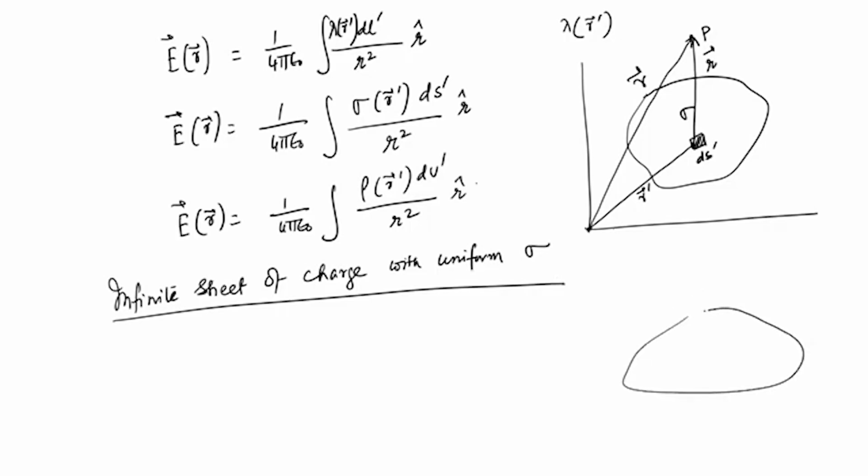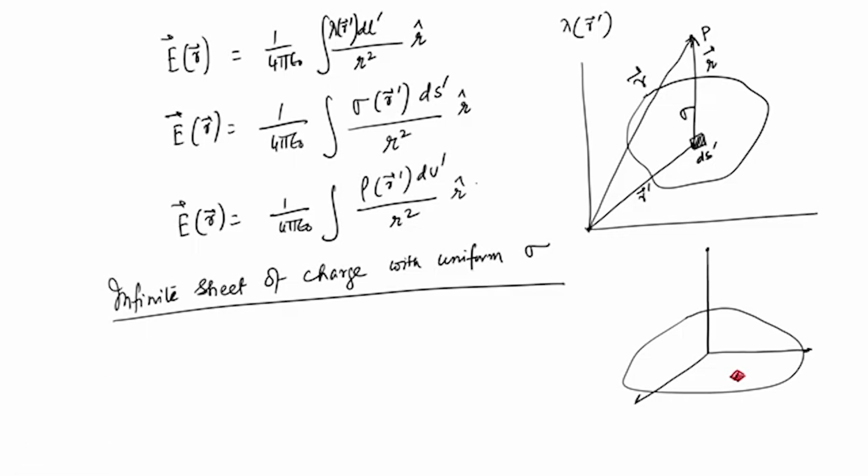So, it is in the plane, and we want to calculate the field at this point. Let us draw the coordinate system like this, and then take some small element, a patch here.